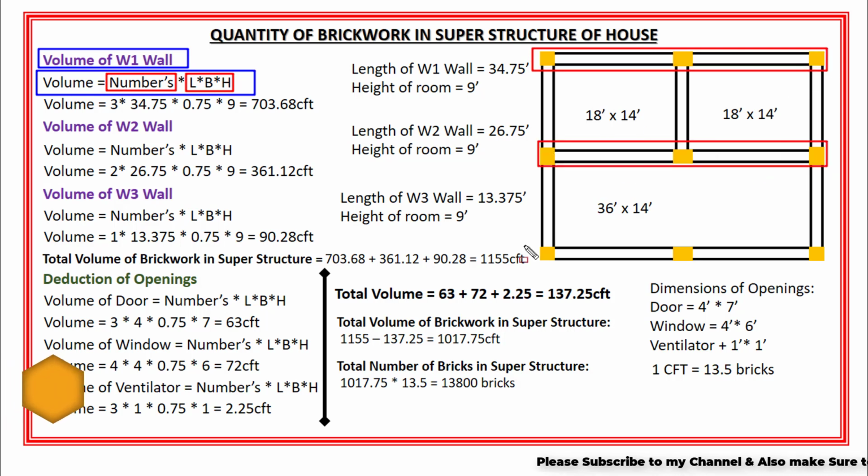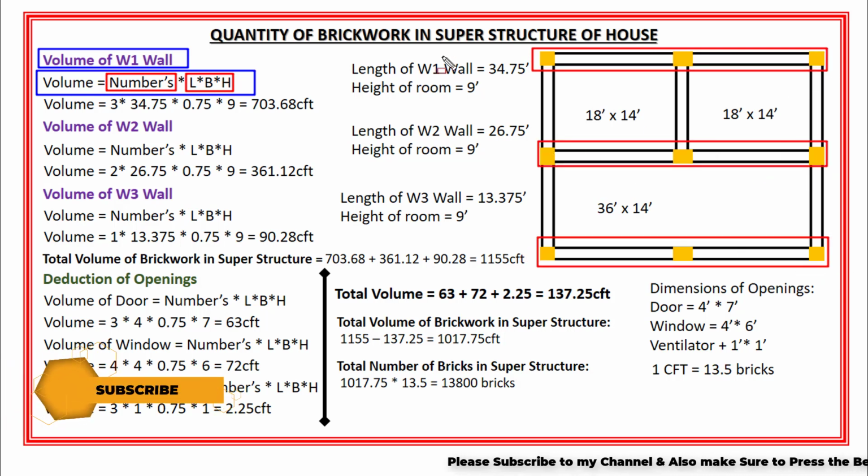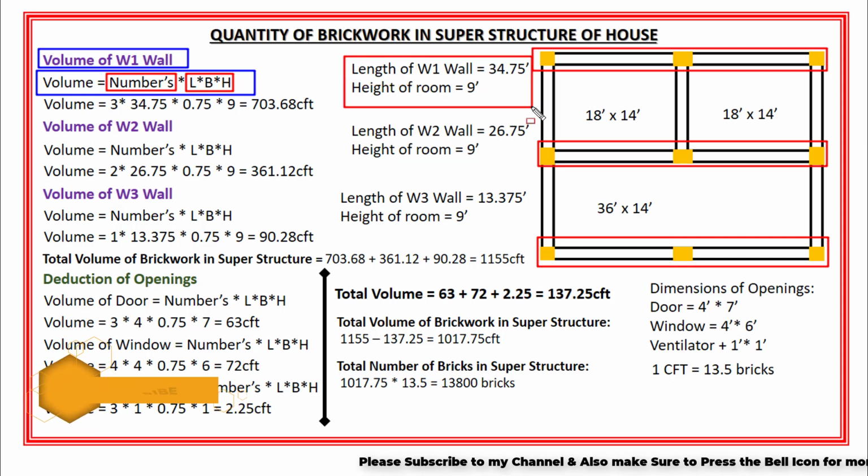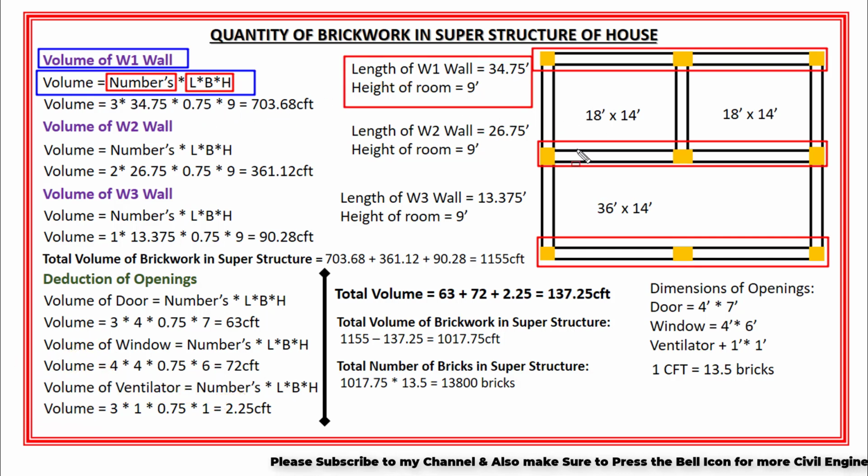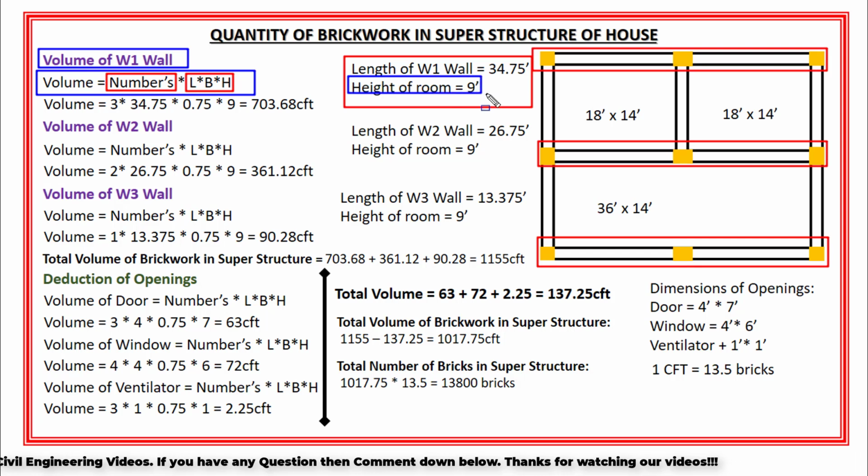Length of W1 wall is 34.75 feet. Width of W1 wall is 9 inch. And we know that 9 inch is equal to 0.75 feet. And the height of these rooms and living room is 11 feet, in which 2 feet is the height of beam and slab. Okay? So basically the height of rooms and living room in this house is 9 feet.